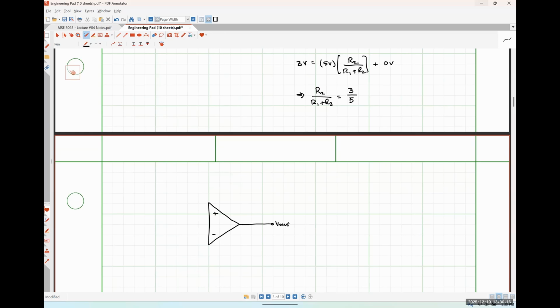Here's my output voltage. Here's V plus. V minus. And what I'm going to do up here on the top is put a positive supply rail of 5 volts, and I'm going to connect that to the VCC plus pin.